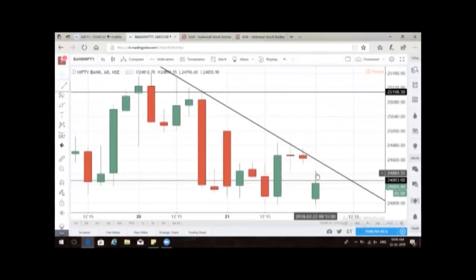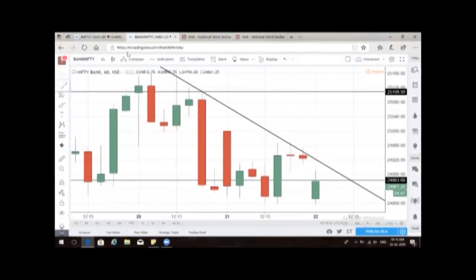But if we try to understand, today's gap down opening below previous lows is not a good sign, right? It is trying to fill this gap, but further selling can come in unless and until it breaches 24,925. That is yesterday's close. Otherwise, selling will persist and Bank Nifty remains completely weak for this entire series itself.